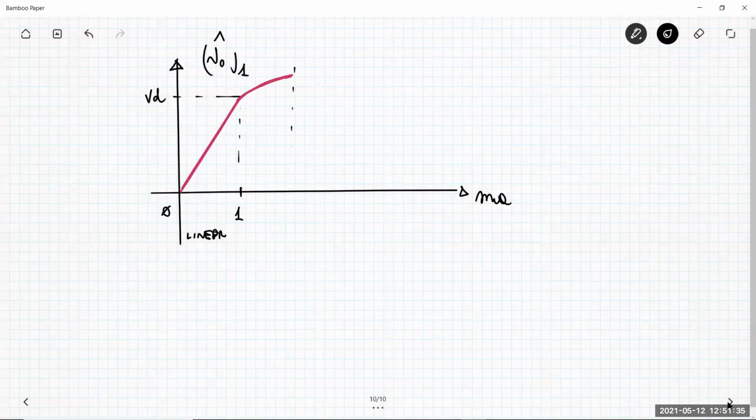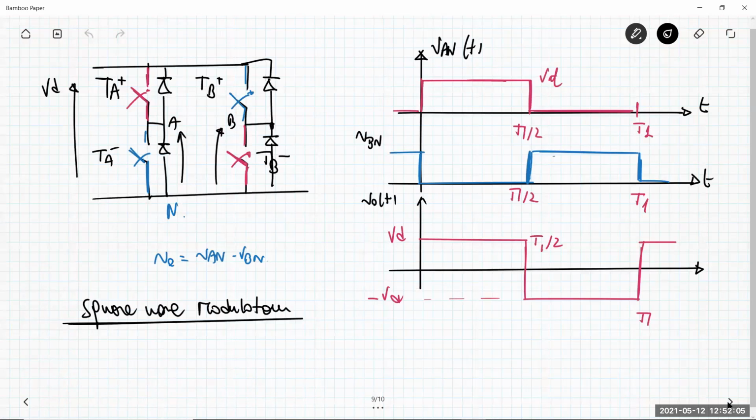Let me call this MA star, and this MA star depends on the frequency factor MF, in which basically you have just an intersection between the control voltage and triangular waveform at the beginning, at half the period T1, at the end of the period, in which you have the square wave modulation. You can have this behavior.